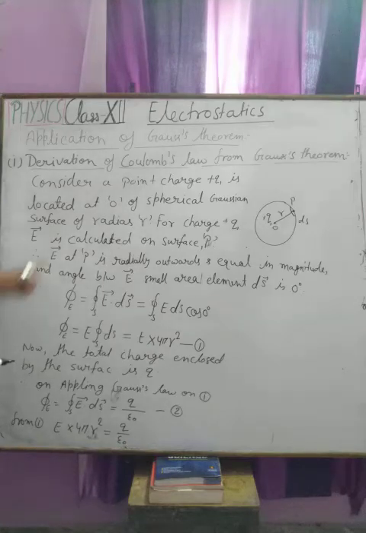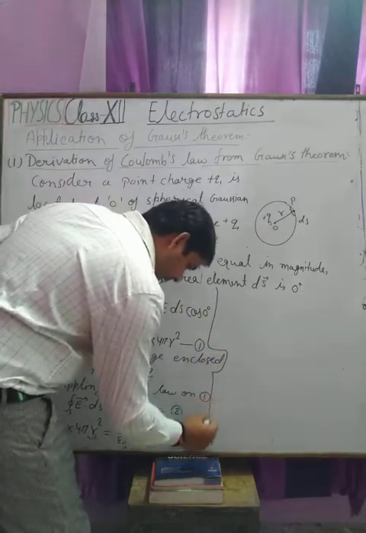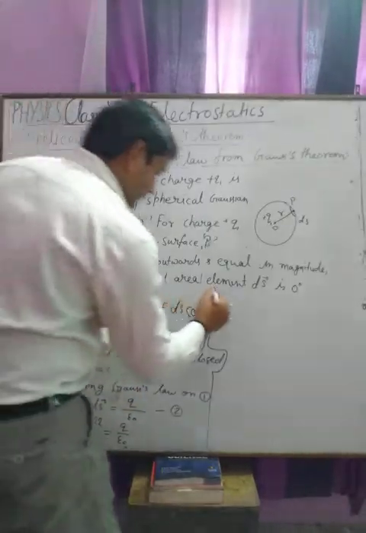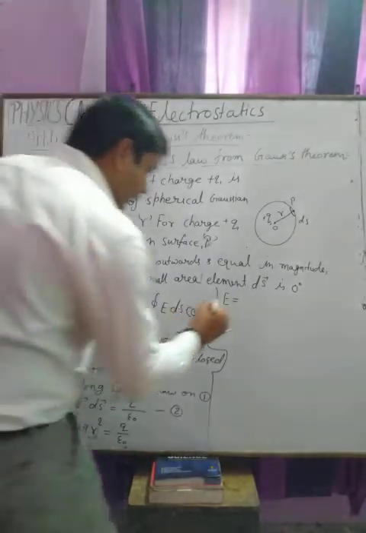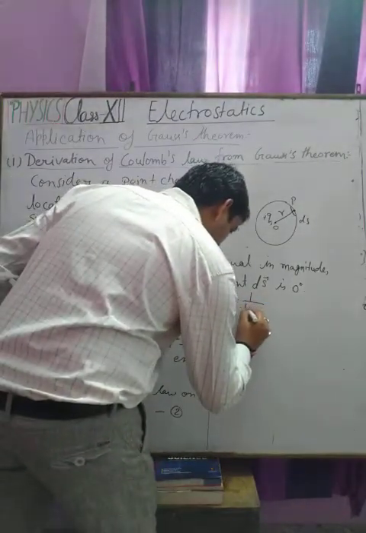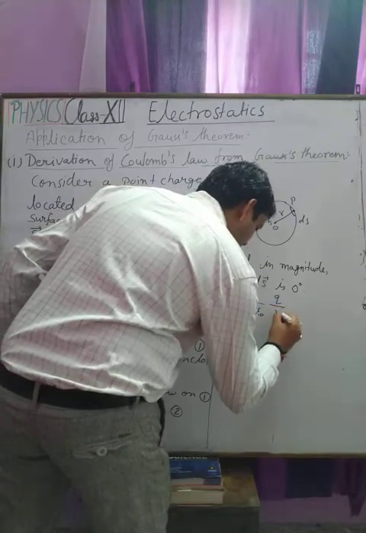Therefore, for this Gaussian surface, the electric field is equal to 1 upon 4π epsilon naught Q upon r square.